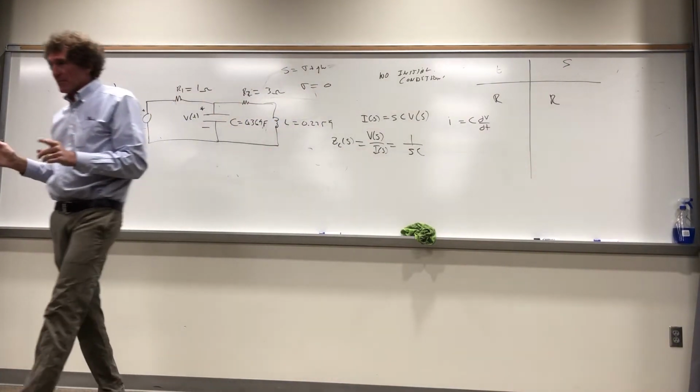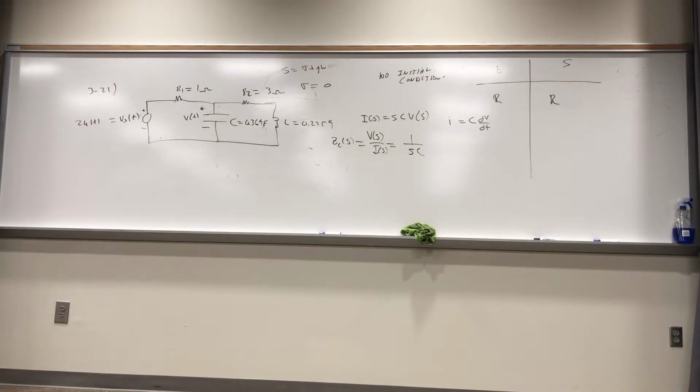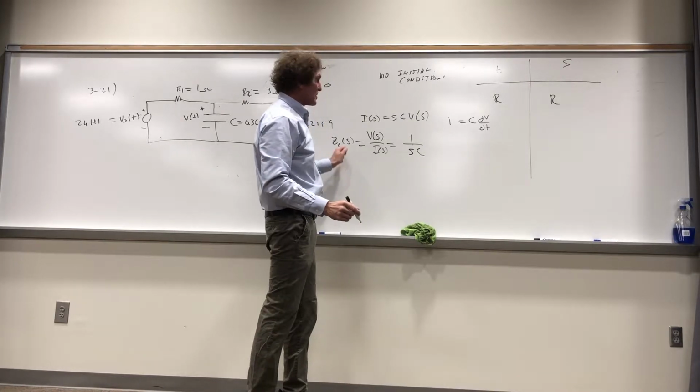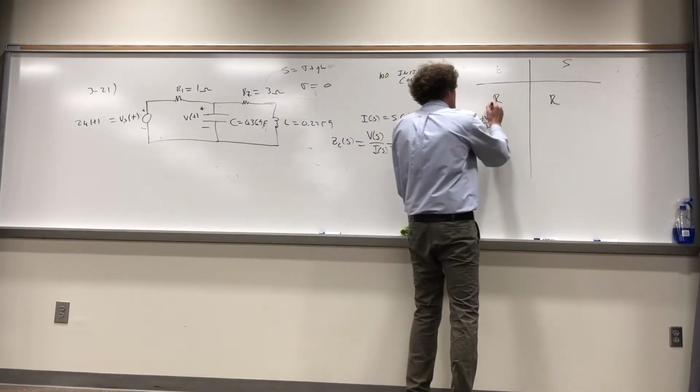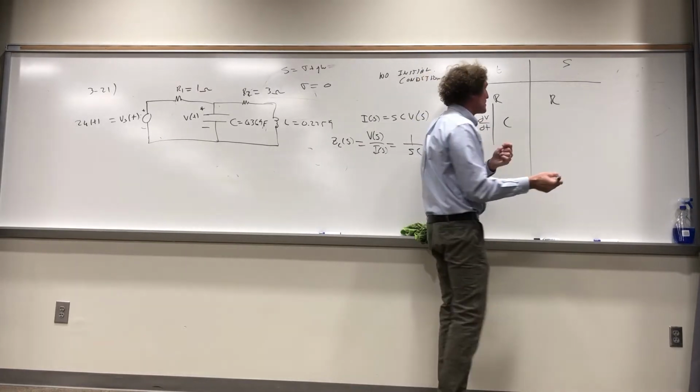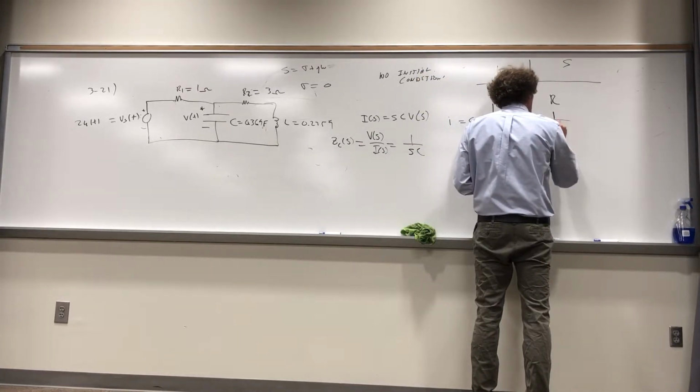This is the way you think of them if there are no initial conditions. Remember that, class, no initial conditions. I'll get to the initial conditions next, but I want to show you this simply. And I chose this problem for a reason. So really, for a capacitor C in the time domain, the impedance in the frequency domain would be 1 over SC.